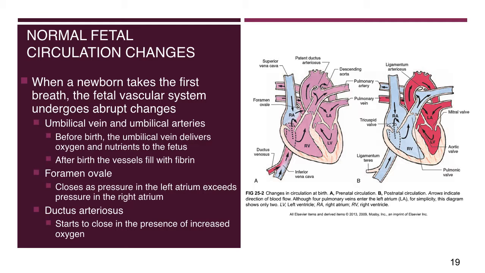On the left side of the screen, you'll notice that the blood circulating through the heart comes in as blue blood, in other words, deoxygenated blood, into that right atrium, except for that oxygenated blood that's coming from the placenta.